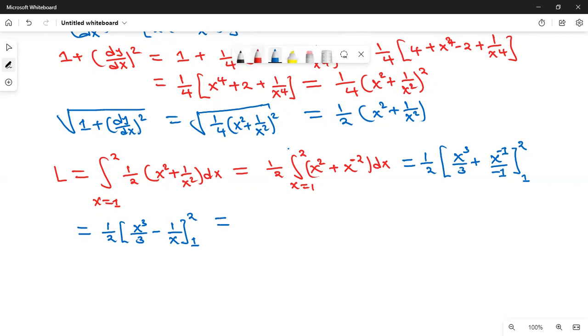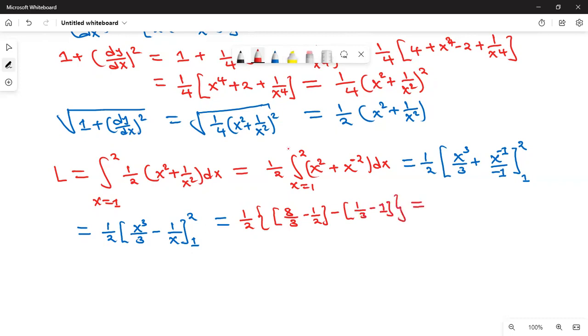What will we get? We start with the 2. So we are going to get 1 over 2. When I put 2, I'm going to get 2 cubed is 8, so that's 8 over 3 minus 1 over 2. Subtract, when you use 1, I'm going to get 1 over 3 minus 1 over 1, that is 1.